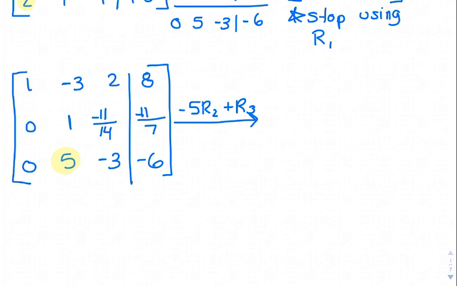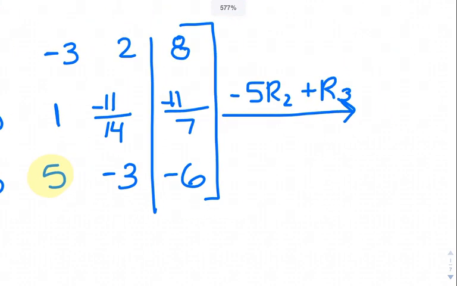When I multiply row 2 by negative 5, I get negative 5 times 0, which is 0. Negative 5 times 1, which is negative 5. Negative 5 times negative 11 over 14, which is 55 over 14.